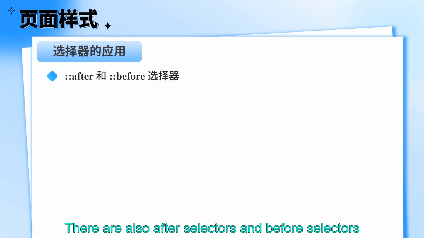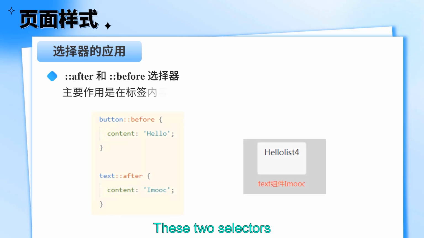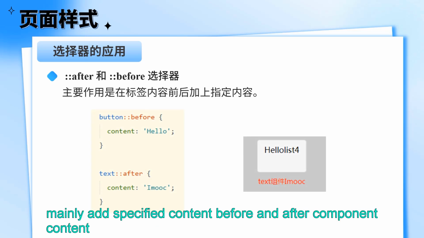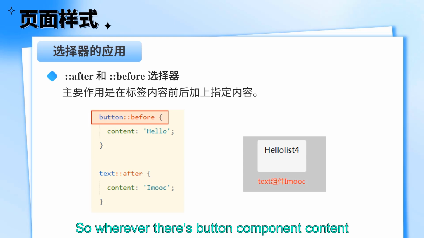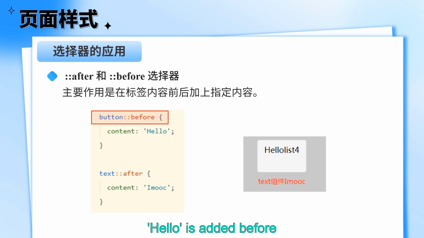There are also after selectors and before selectors. These two selectors mainly add specified content before and after component content. The before selector adds hello for the content of the button component. So wherever there's button component content, hello is added before.